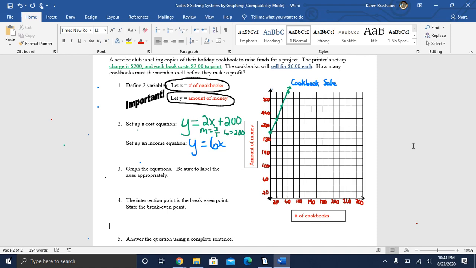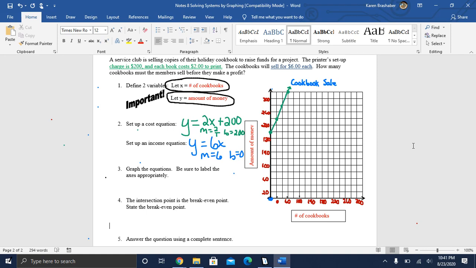Then my second equation, the income equation, was y equals 6x. So that line starts at 0, 0, right here in the corner. And it has a slope of 6. So the b was a 0 and the slope was a 6.